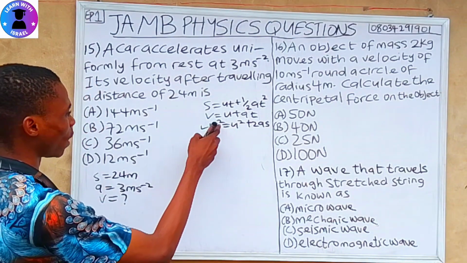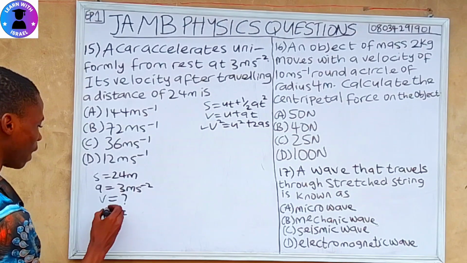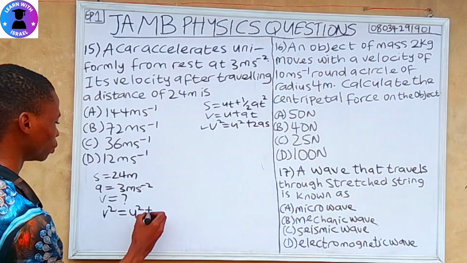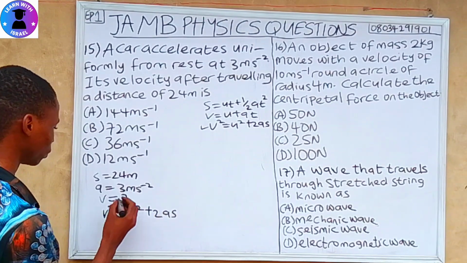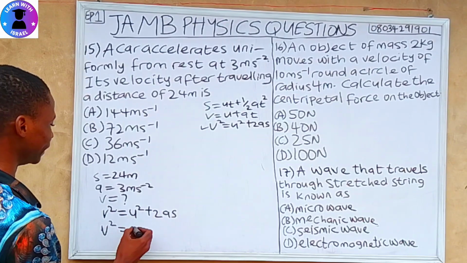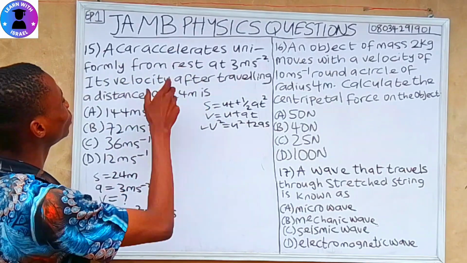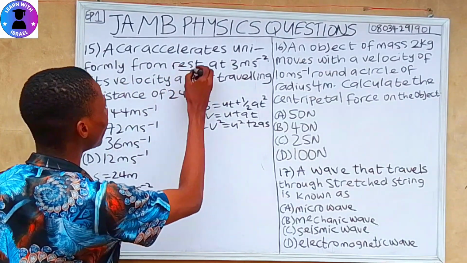We're looking for our velocity, so our v squared equals u squared plus 2as. Our v squared is unknown. Our u is 0 because the question says a car accelerates uniformly from rest.